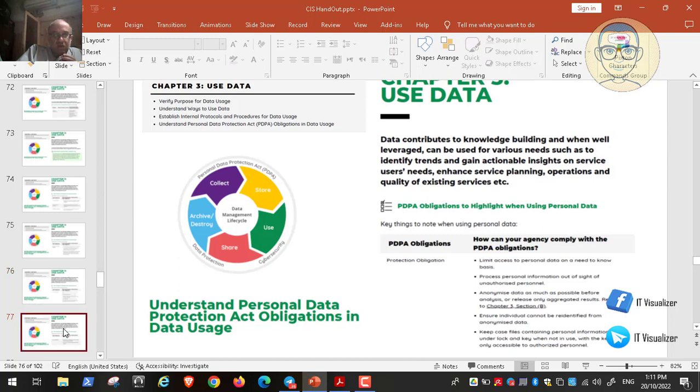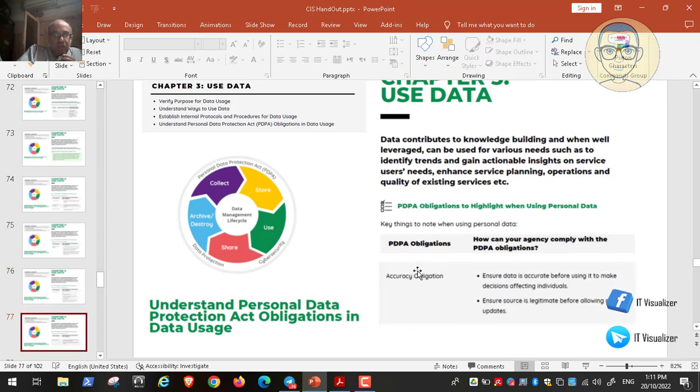So I think the accuracy obligation should also be considered. There are a lot of obligations here: protection, notification, consent. Accuracy obligation: ensure data is accurate before using it to make decisions affecting individuals. Ensure the source is legitimate before allowing any updates.